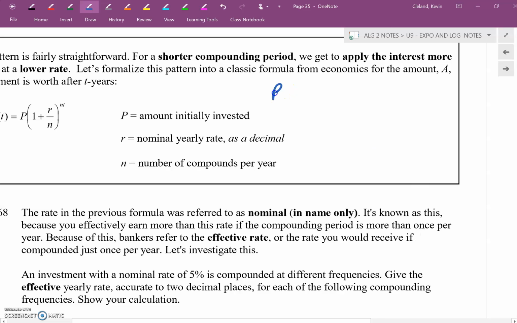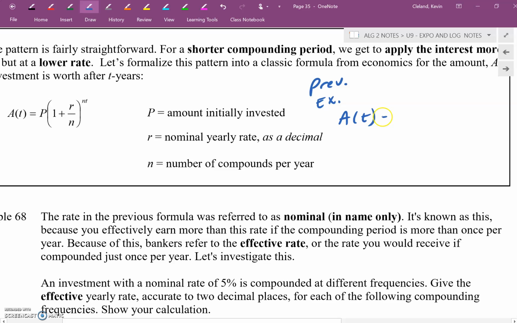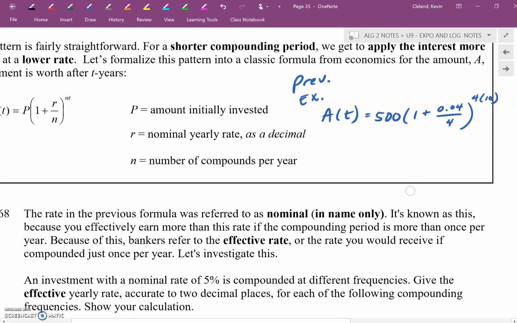So if I were to bring that previous example in here to take a look at how it compares to this formula, we have our principal, 1 plus our rate, divided by number of times it's compounded, to the power of number of times compounded times time in years. And that's what's going on here and here.